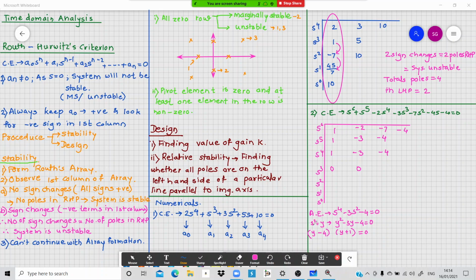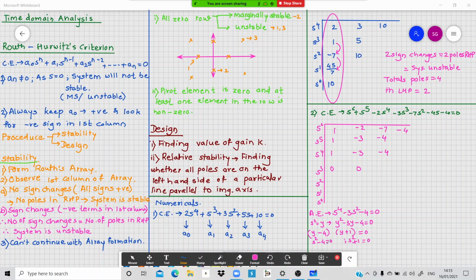So if I substitute s square for this, what am I going to have? s square is equal to 4, s square minus 4 is equal to 0. And for this I'll have s square plus 1 is equal to 0.